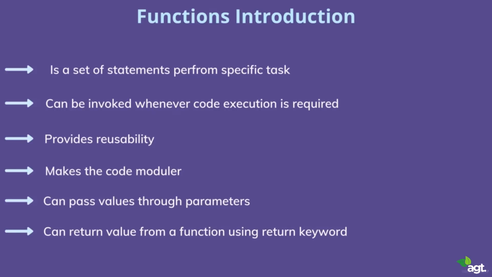Now, if it's about the result, you may just print it and that's the end of it. But if you want to return that value to some other function, you can do that as well using the return keyword. So let's see practically how we can start writing a basic function in JavaScript, then how we can pass the parameters, and then how we can return the value from the function.